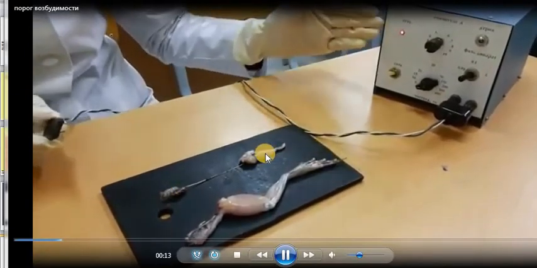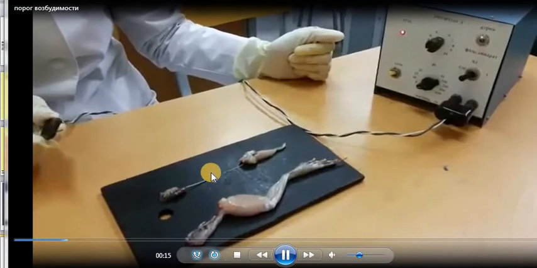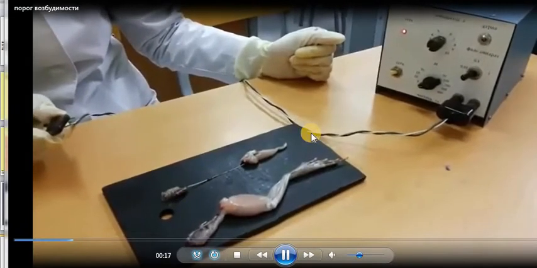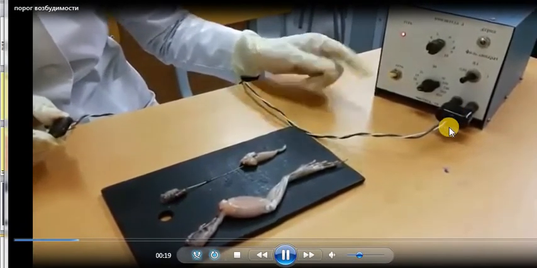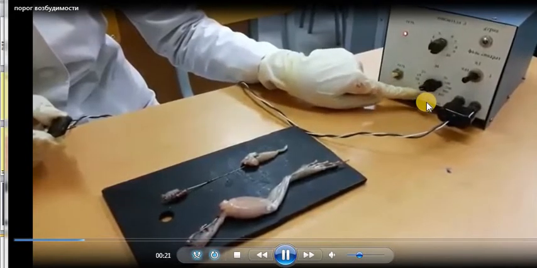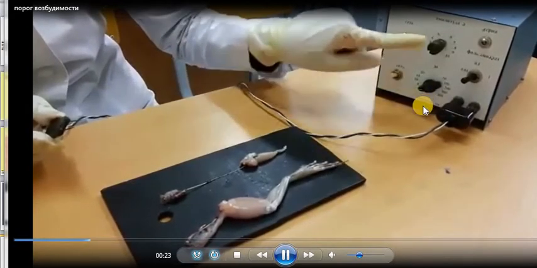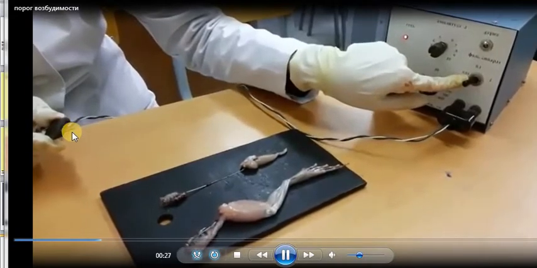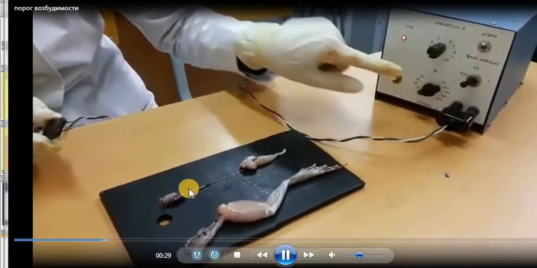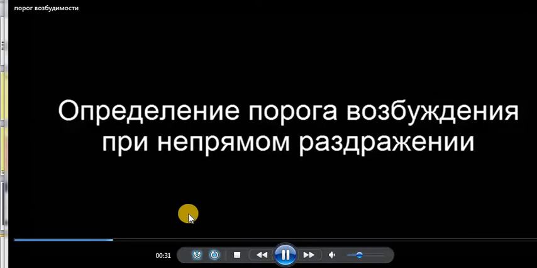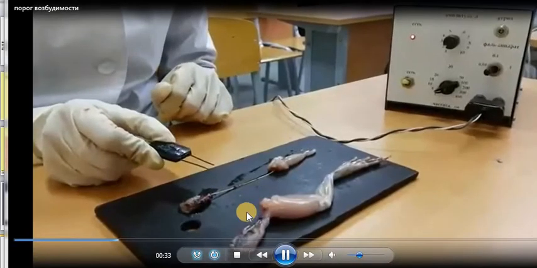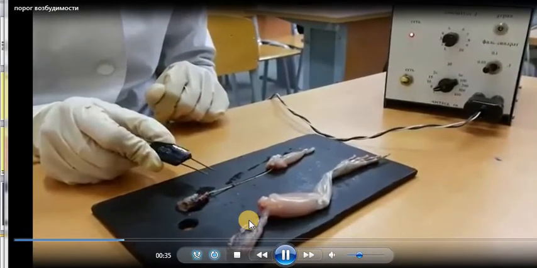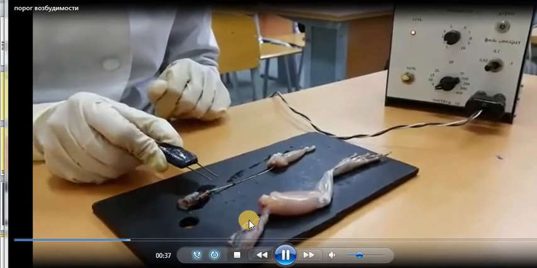Here we see we have the muscle and we have a nerve, and we use special equipment. It is an electrostimulator with electricity, and with the electrodes we can touch nerve or muscle cells. And what happened in this case?